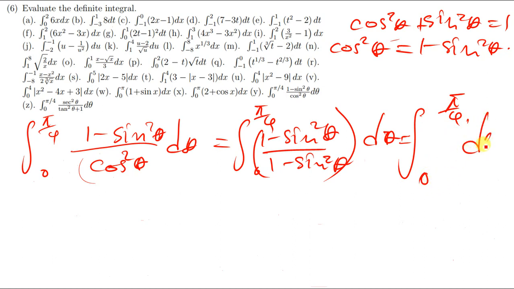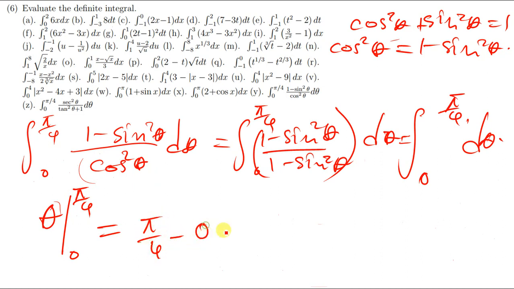When you integrate that, you are going to get theta as your solution. Then you put in the limits pi over 4 and 0, meaning your answer will simply be pi over 4 minus 0, which is just pi over 4. So that is how simple this question is. You can also try to simplify this part before you integrate it.